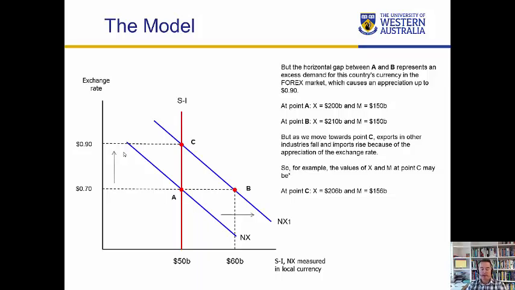At the same time, as the exchange rate appreciates up to 0.9 and we move from B to C, imports are going to go up as well, because with a higher exchange rate, the domestic currency prices of imports are cheaper, so import demand will increase. So what happens? We go from A to C, and the country's current account balance, or its net exports, hasn't changed.